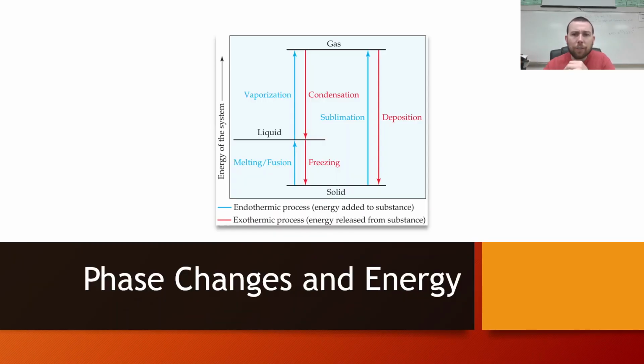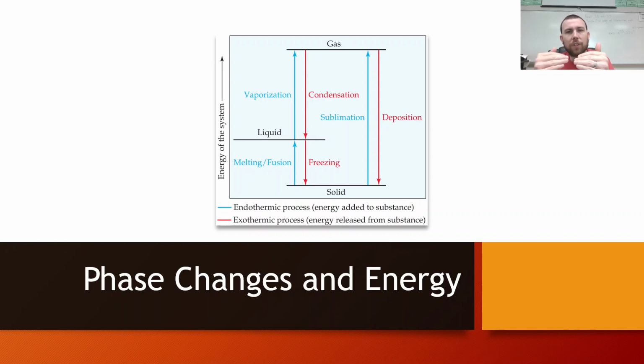Now, here are phase changes in energy, just even from a perspective of endothermic versus exothermic. When you start to think about it, it's going to make sense, but initially, it's going to feel kind of weird, right? So everything in this diagram that's in blue represents an endothermic process, and what we mean by that is energy is going into your object in order to cause this phase change to occur.